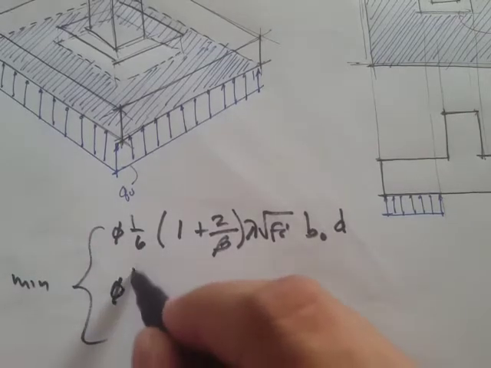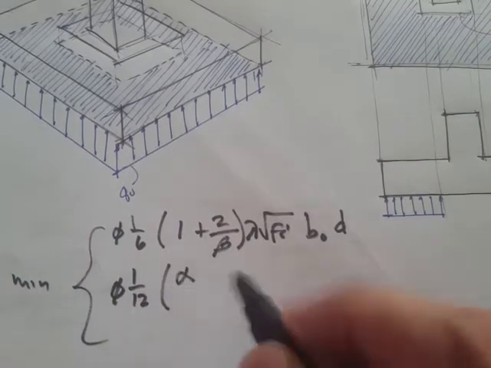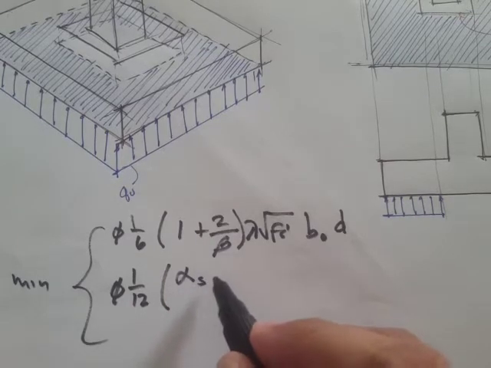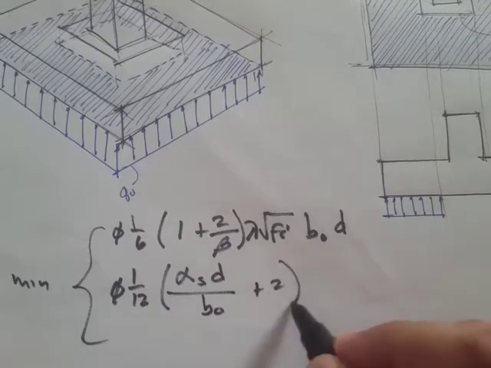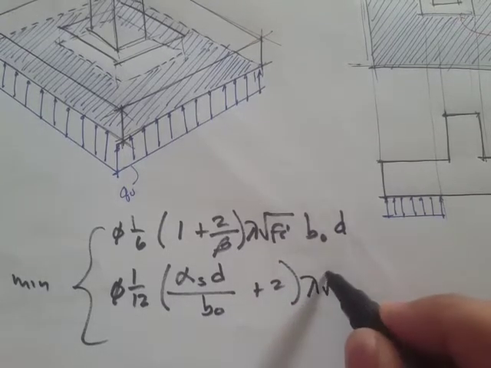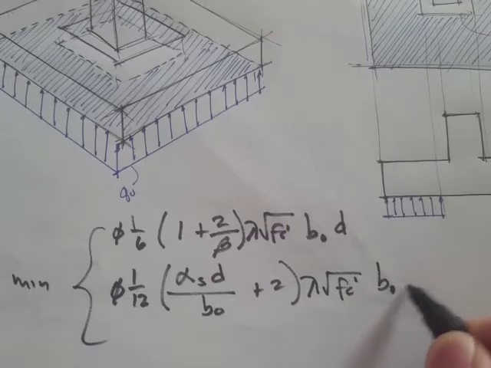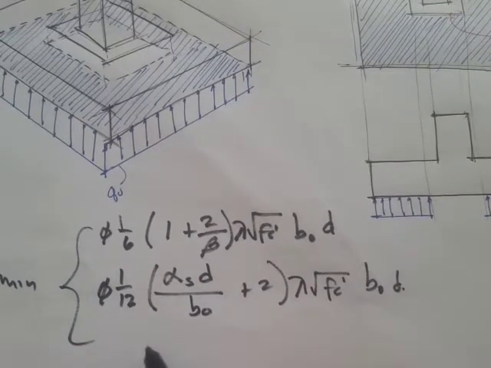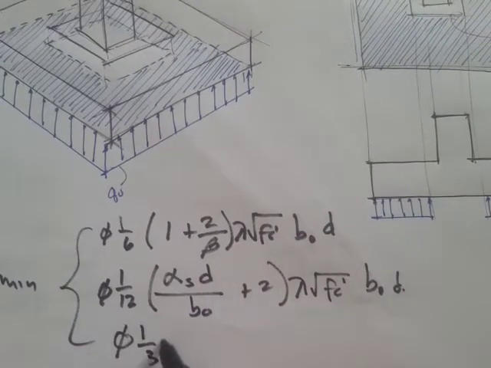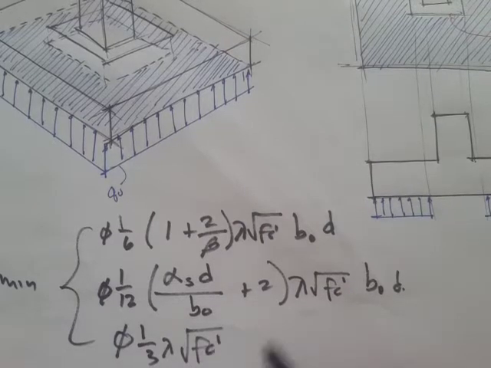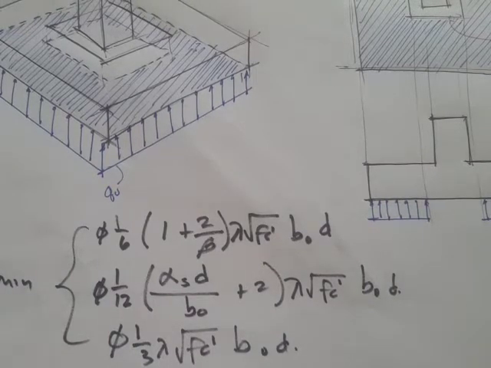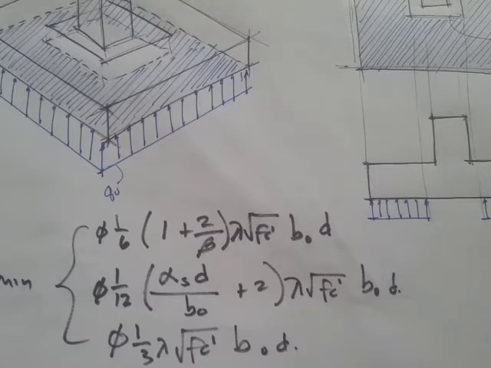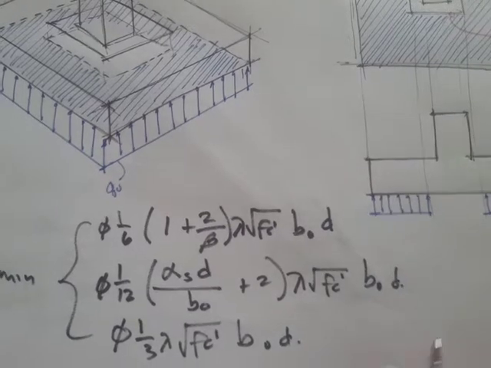The second condition is 1/12 times alpha sub s times d over b sub o plus 2, times lambda, then square root of fc prime, then b sub o times d. And then the third condition, fc prime b sub o times d. Basically, in our computations later on, we'll just use this criteria.